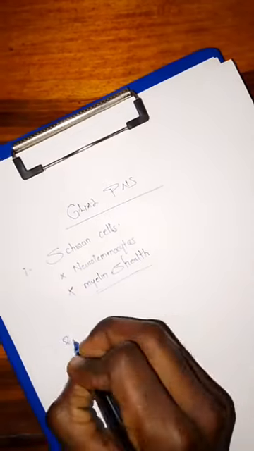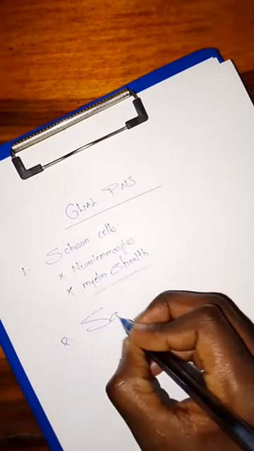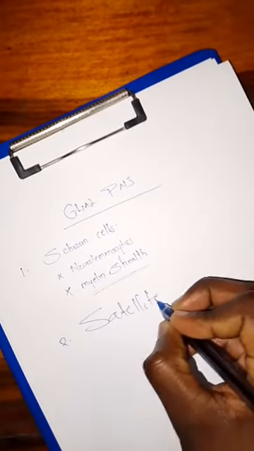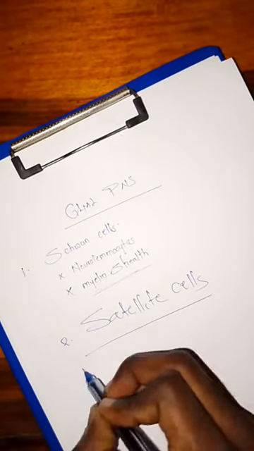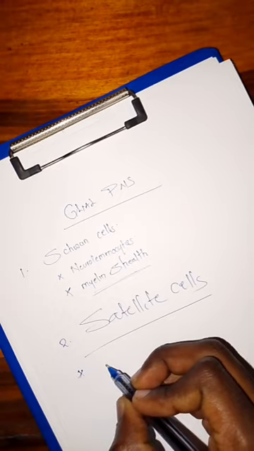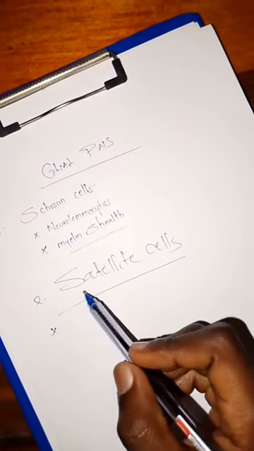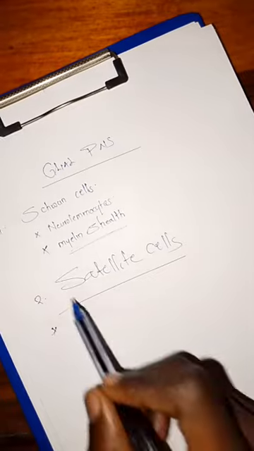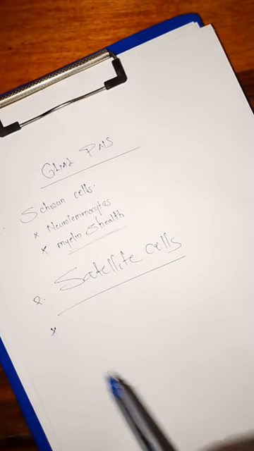Then the other type of cells that are found in the peripheral nervous system under the glial cells are the ones that we call the satellite cells. These satellite cells just surround the cell bodies of the neurons that are found in the peripheral nervous system. So the satellite cells will be surrounding the neuron cell body.